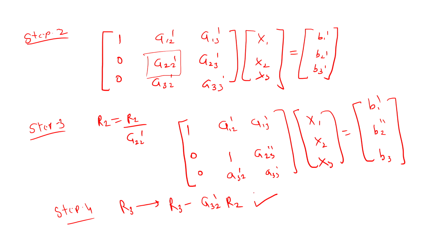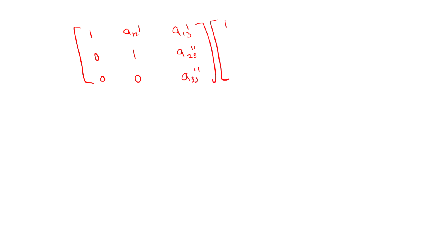Now after this step 4, what I will get is 1 0 0, A12 prime, 1, 0, A13 prime, A23 double prime, A33 double prime, and then we have X1, X2, X3, and then we have B1 prime, B2 double prime, and then we have B3 double prime.